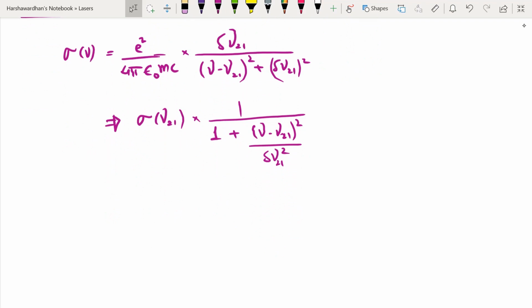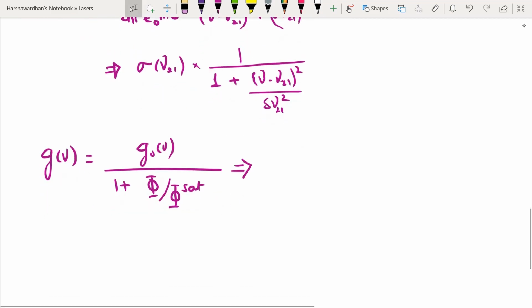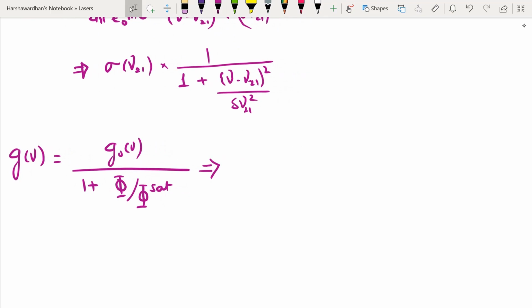Let us put this form back into my g of nu, which is my gain coefficient, and this is simply g naught of nu over 1 plus, either I can use the intensity or the photon flux. There is hardly any difference there. And you see, if I now put in the explicit forms and I can rewrite this, I'll just indicate a little bit of algebra and you can easily follow that up.